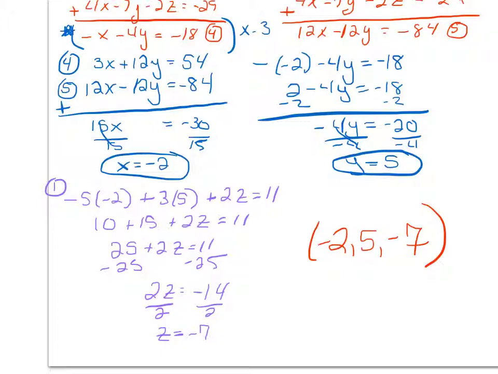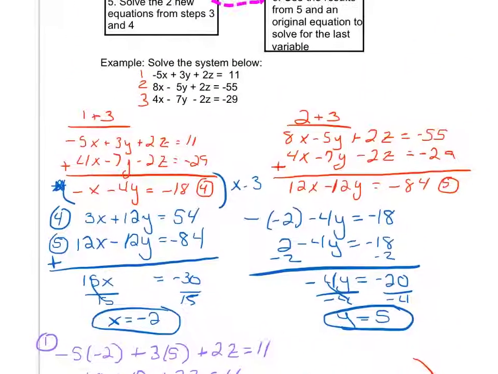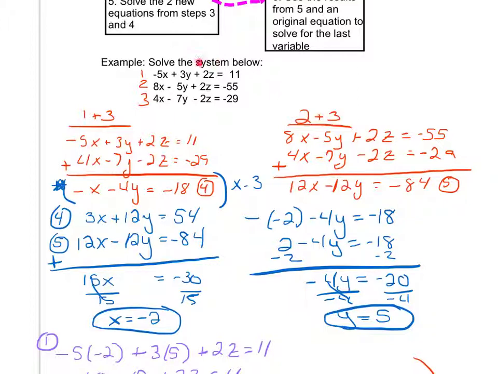Again, just remember you need opposites with 2 separate pairs of equations, just like I had up here where I had opposites with 1 and 3 and opposites with 2 and 3. Or if I don't have those opposites, they need to be easy to get through multiplication, just like we need to do in 2 dimensions.